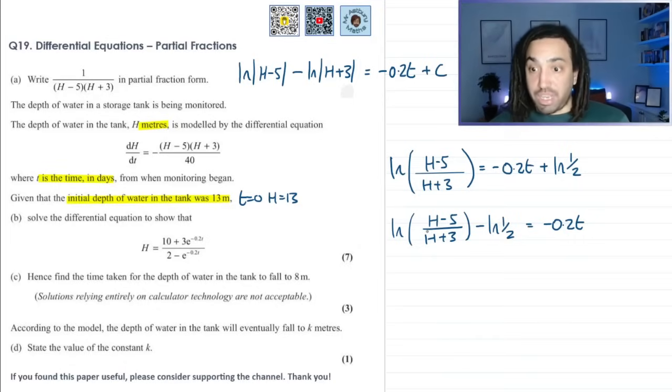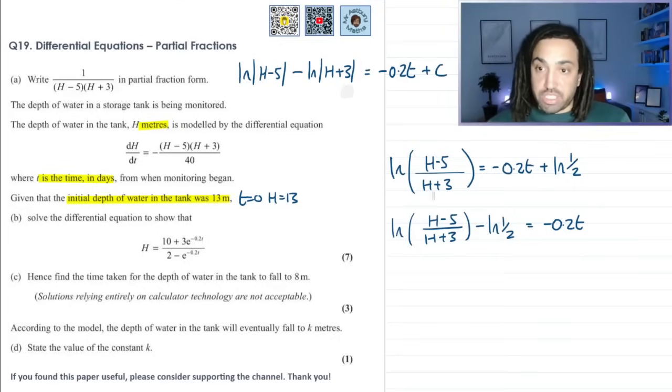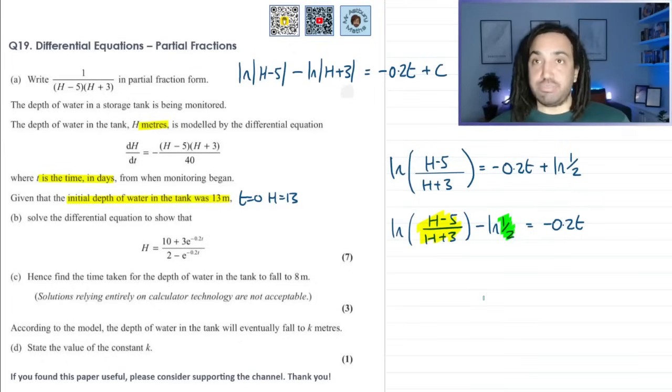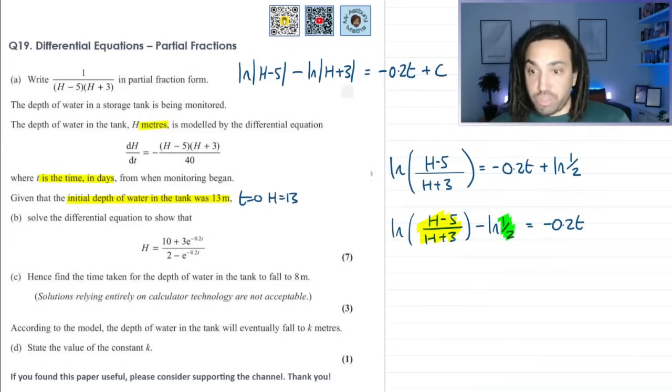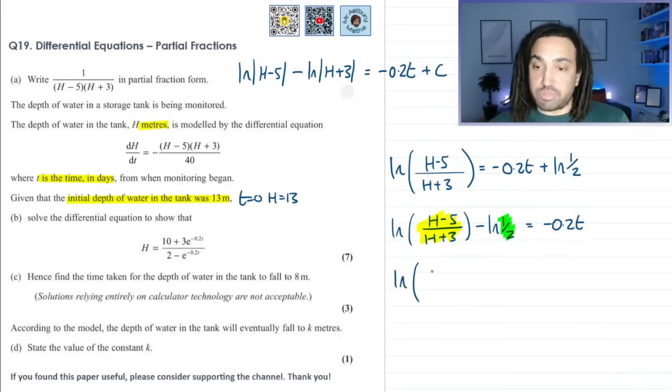And now we can combine these lns once again because we have one minus the other. So this means that we're going to take the first input and then we're going to divide it by the second. And dividing by half is the same as timesing by 2. So therefore we can say this is ln of 2 times this, so 2h minus 10 over h plus 3.